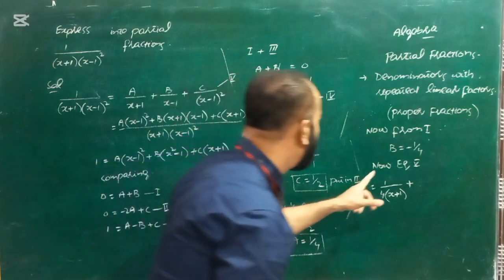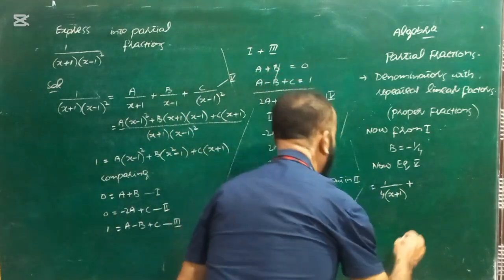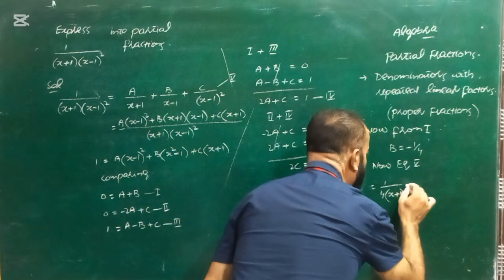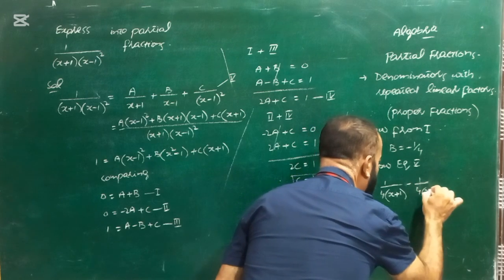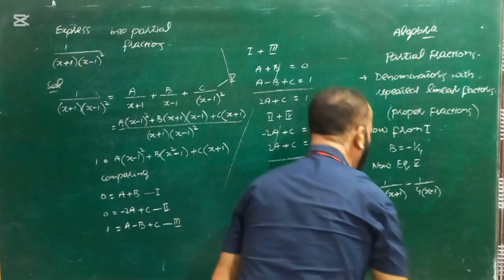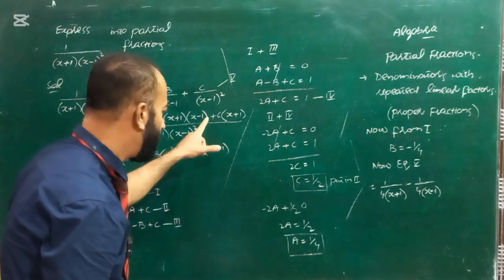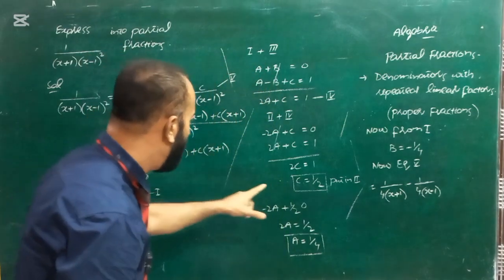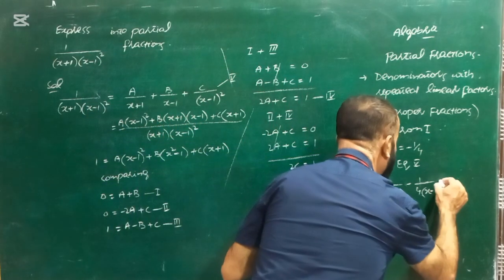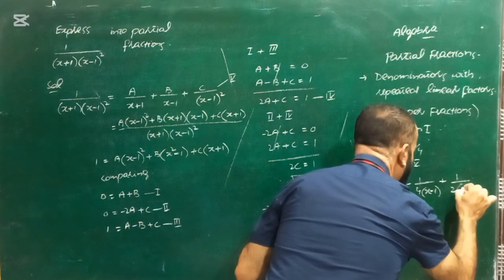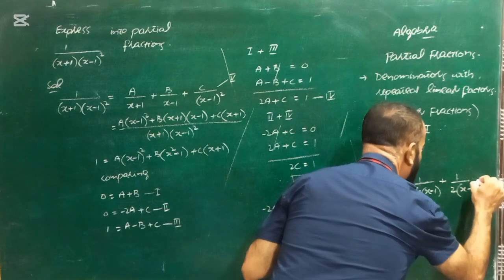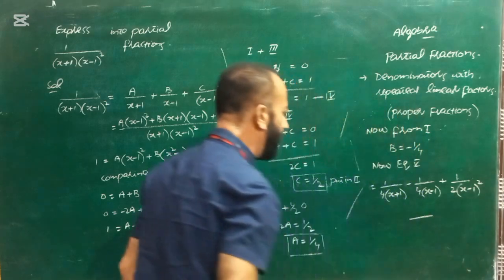So b is minus 1 by 4, so minus 1 by 4 into x minus 1, and then c over x minus 1 whole square, and here c is 1 by 2, into x minus 1 whole square. So this is the answer.